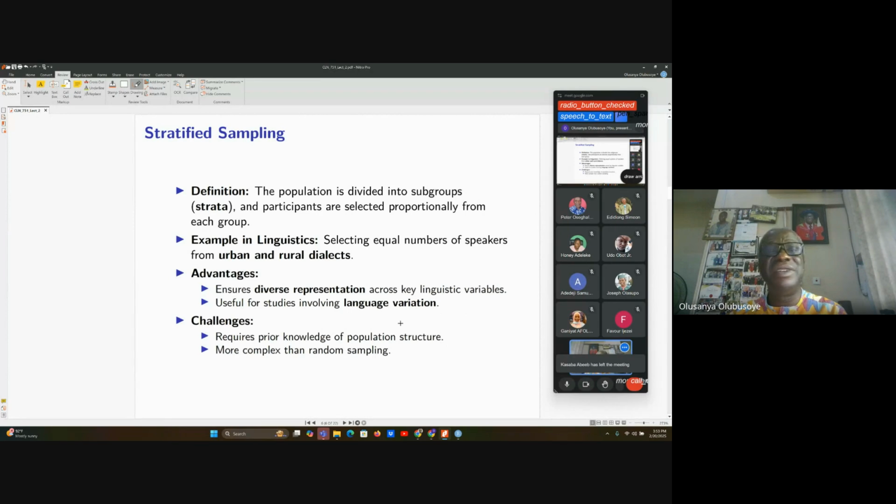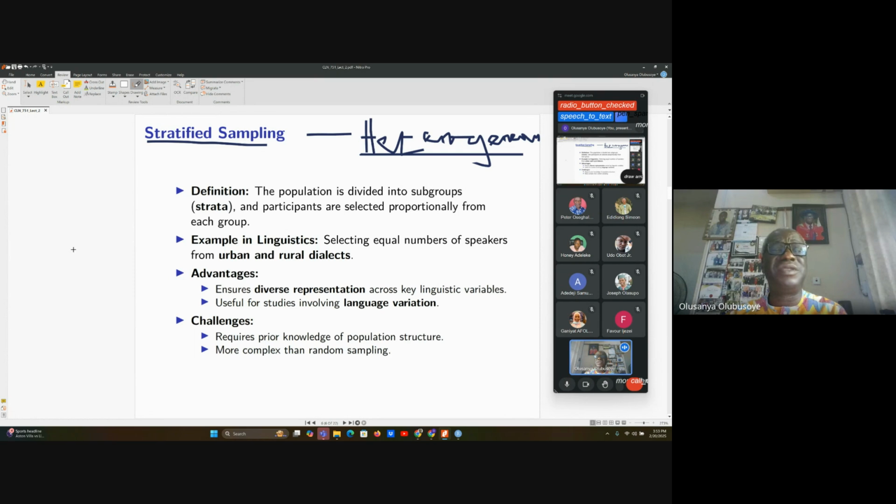Now, stratified sampling, which I've talked about, you use it when the population is heterogeneous. So try to know that.